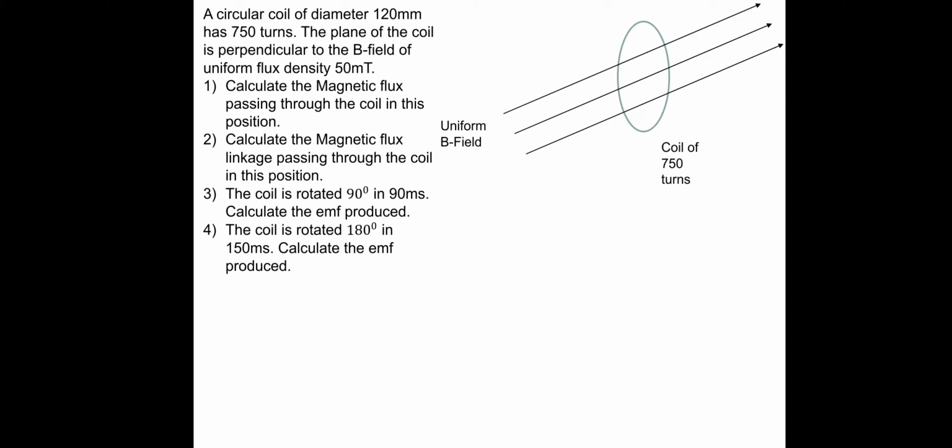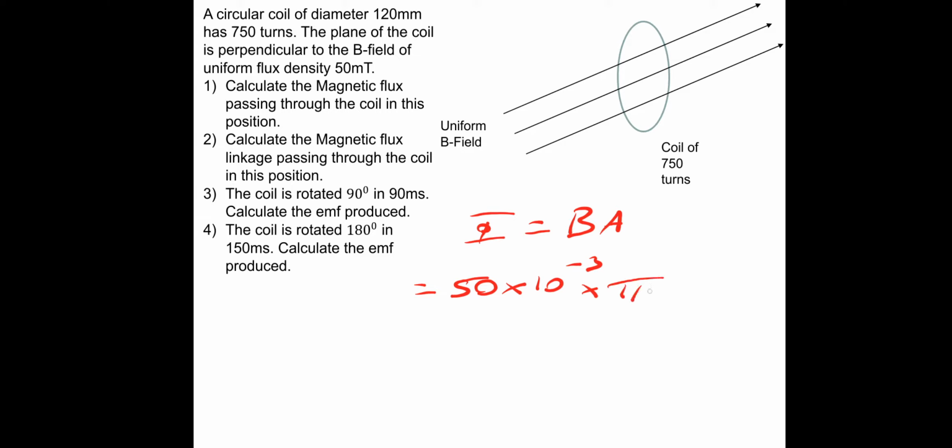So flux is BA. So we need the flux density, 50 times 10 to the minus 3, multiplied by the area. We've got a coil, so we need to do the radius squared times pi.